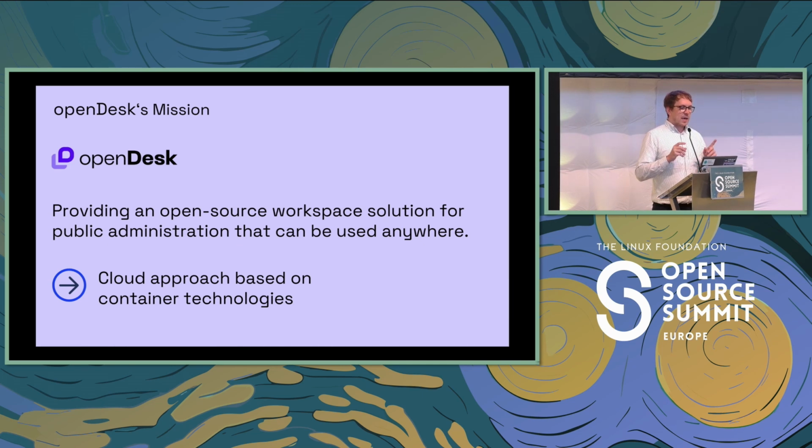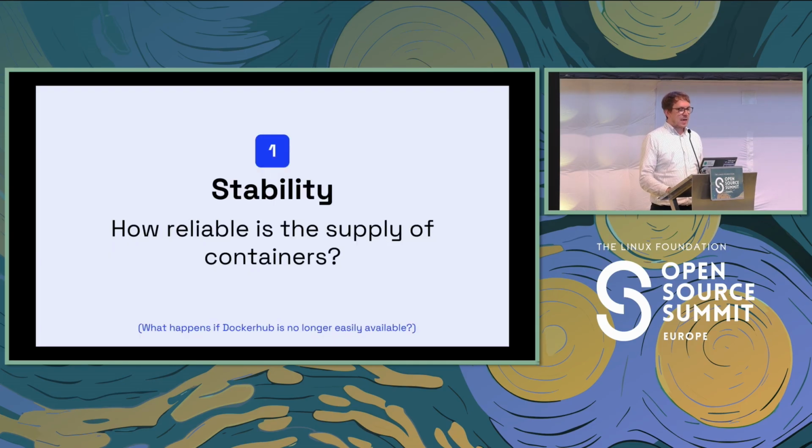And I want to start again with the mission of providing open source technology like openDesk to public administration. That means we need technologies that can be used anywhere. And that means a cloud approach, and container technology is part of that. And when it comes to that, we need to raise a lot of questions around the supply chain for public sectors that we have to address.